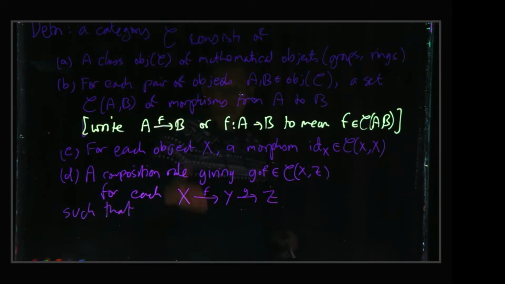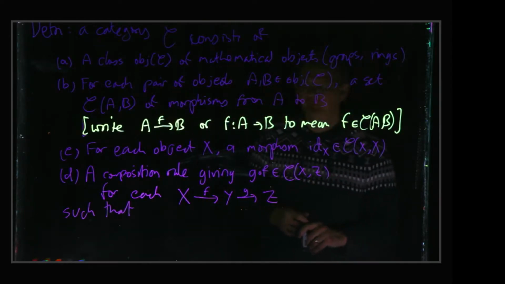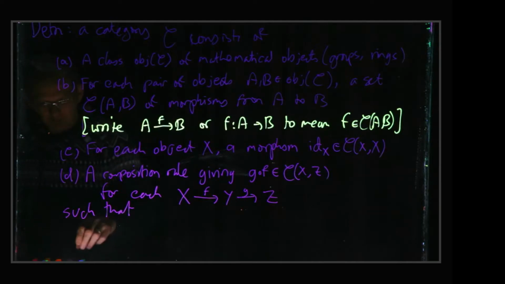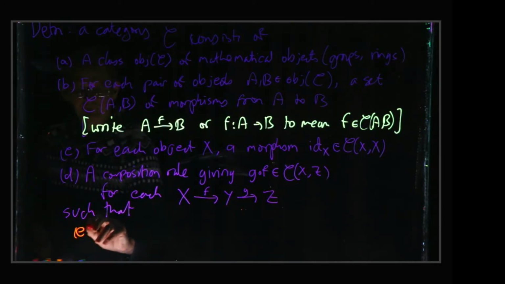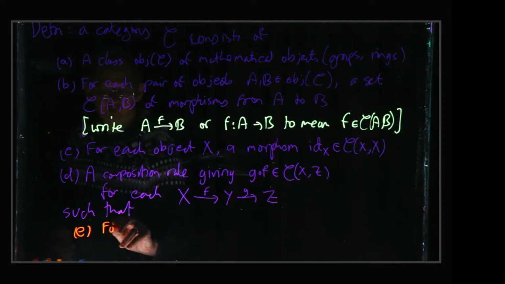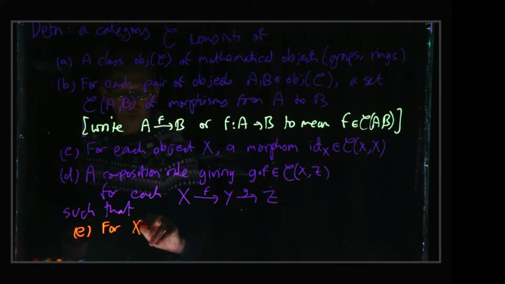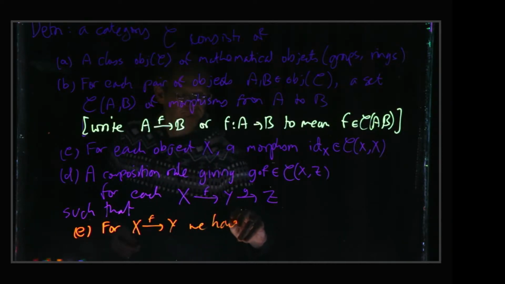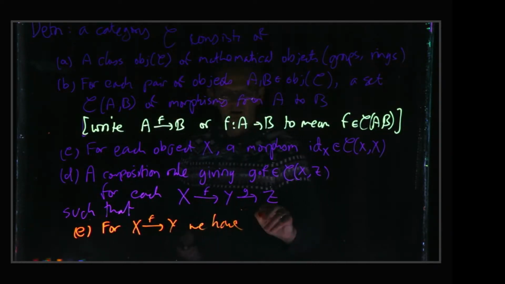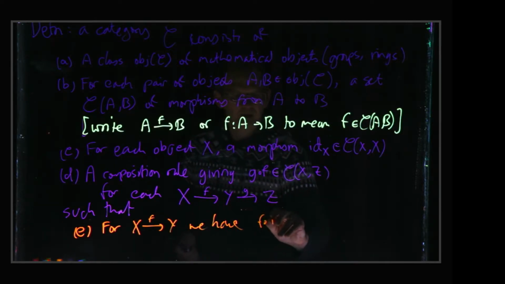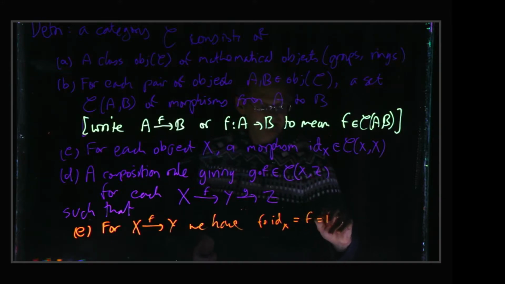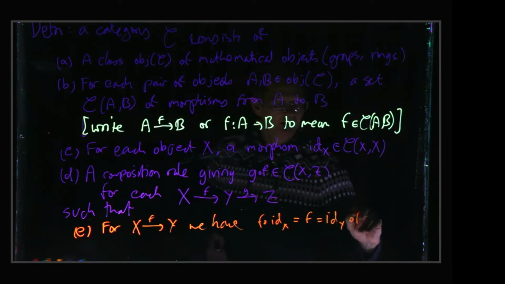So this is all the data that we've got, and it's supposed to satisfy two axioms. So axioms are axiom E. We've got some f from X to Y. Then f composed with the identity on X is equal to f, which is the same as id Y composed with f.